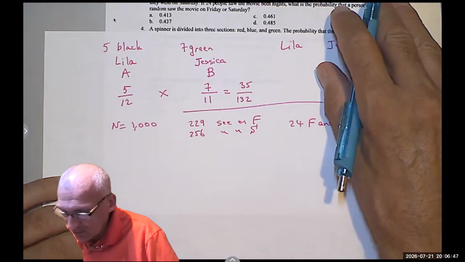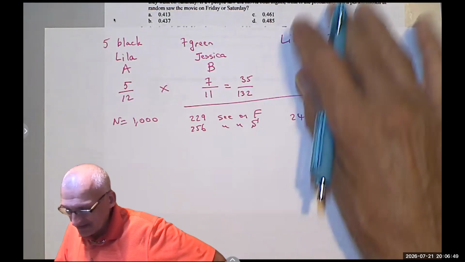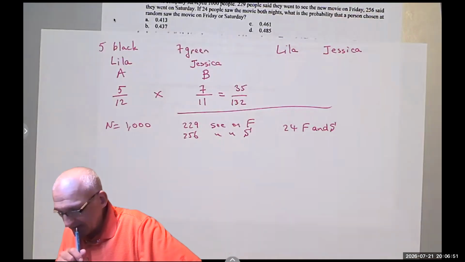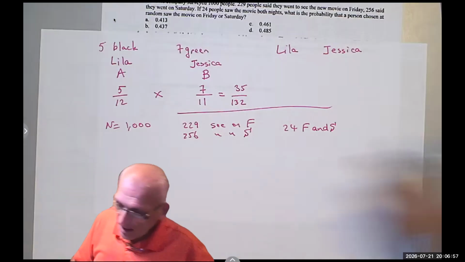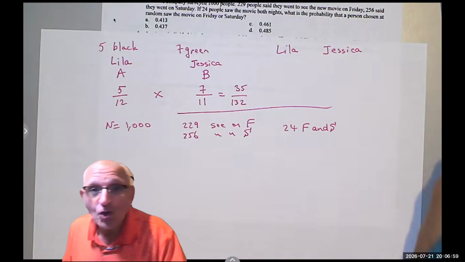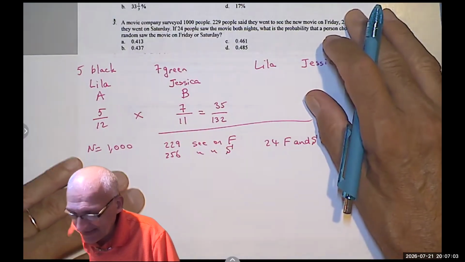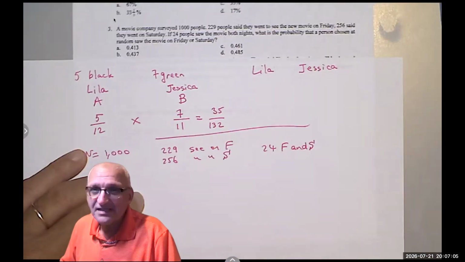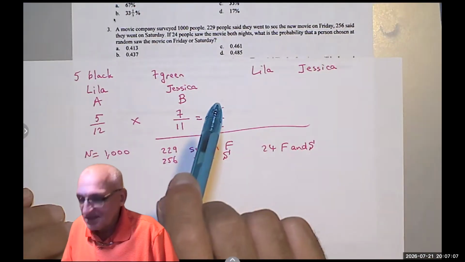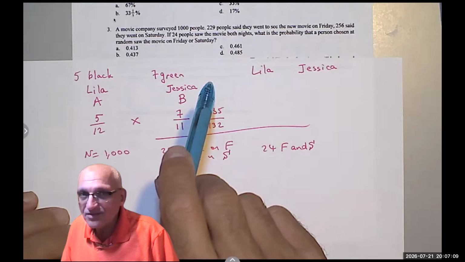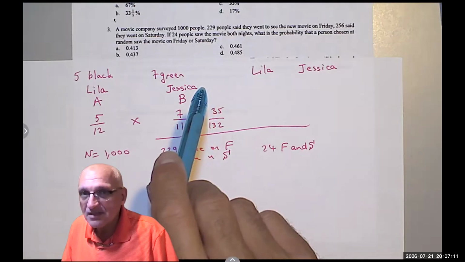Now, this is important, by the way, guys. When we say Friday or Saturday in the context of probability, it's not clearly written, and I don't like the way it's written.